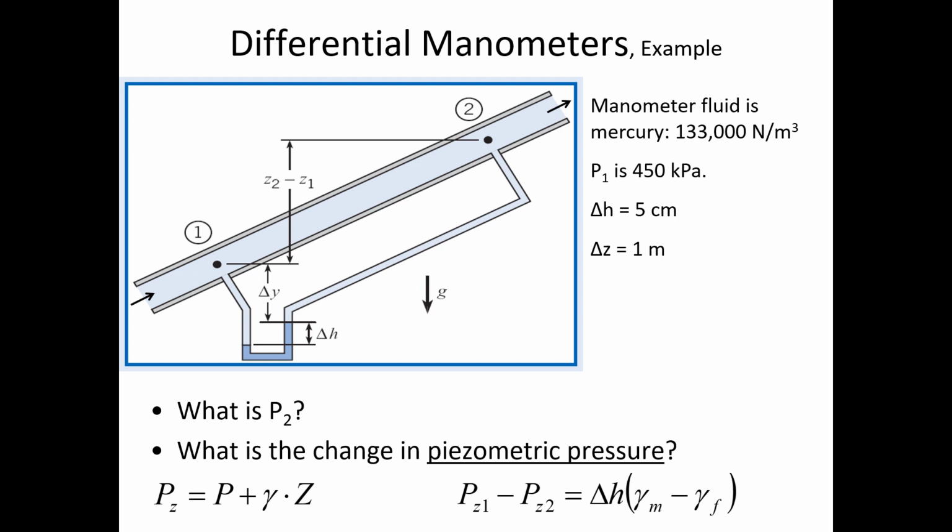So what I did was P1 plus, because of a pressure change as you're going down, plus some change, minus delta H times the unit weight of mercury, minus through the water, delta Y, and then finally the last thing I do is the change in elevation, delta Z, to get up to location 2. So I'm applying the hydrostatic equation through the manometer tube, because that's where conditions are static.